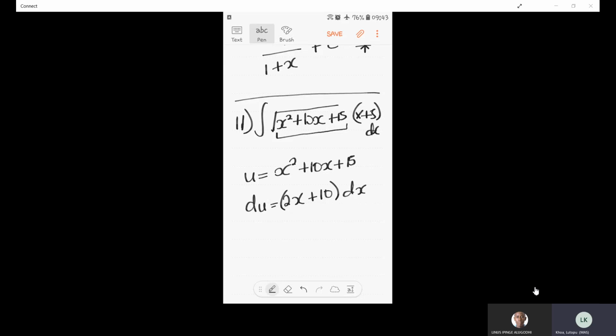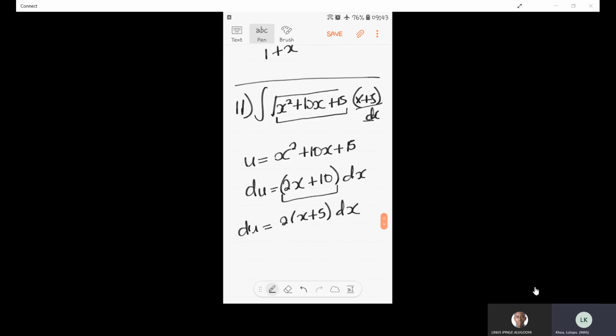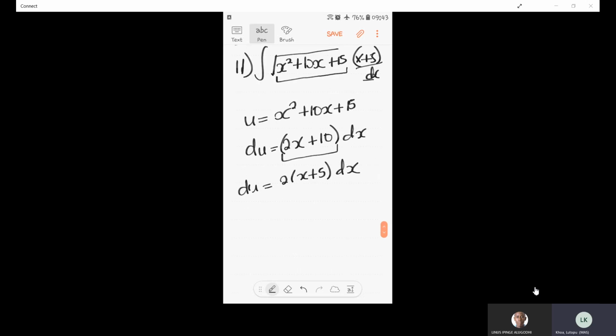So you can see what we have is x plus 5 dx. So from here I can factor 2 out. So I have du equal to 2 times (x plus 5) dx. And then I can divide by 2 on both sides. So I have half du equal to x plus 5 dx.